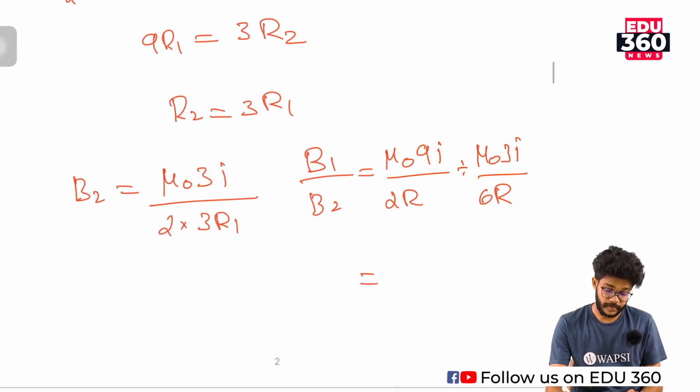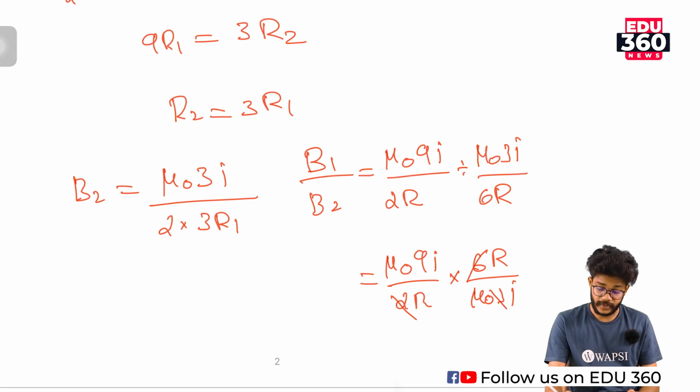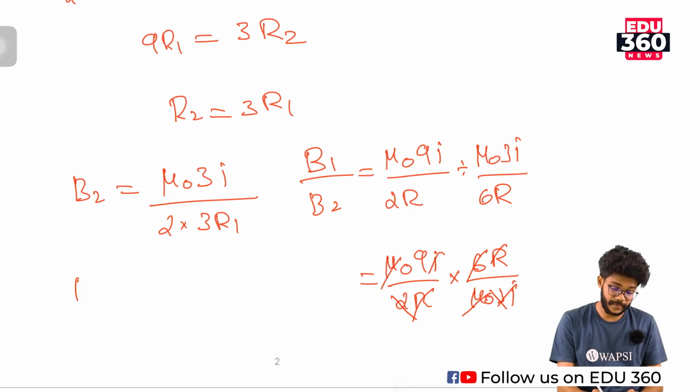Just cross multiplying, mu 0 9I by 2r into 6r by mu 0 3I. 2 into 3 is 6 and we can cut the 6. So r and r cancel, mu 0 and mu 0 cancel, and I cancels. So B1 by B2 is equal to 9.